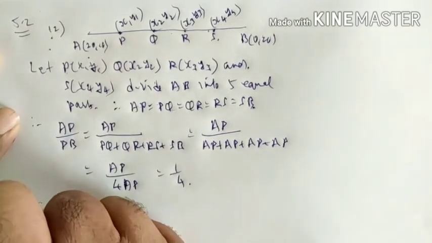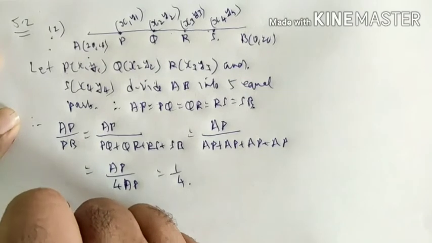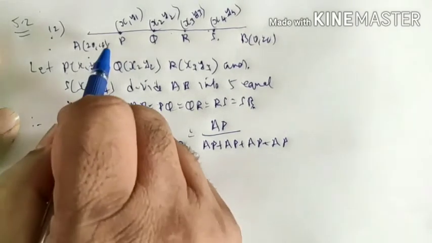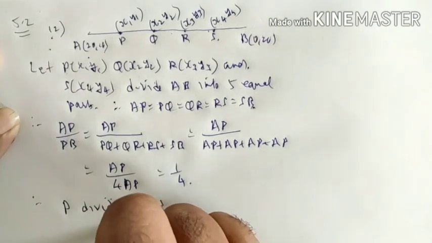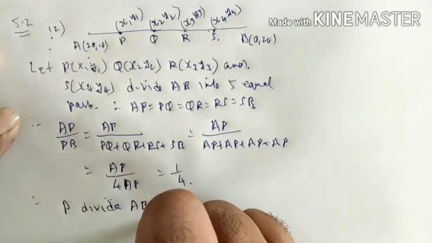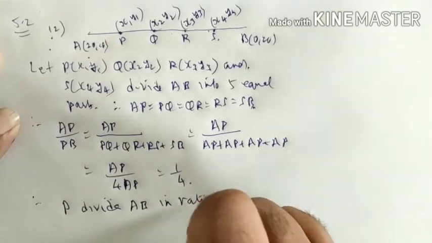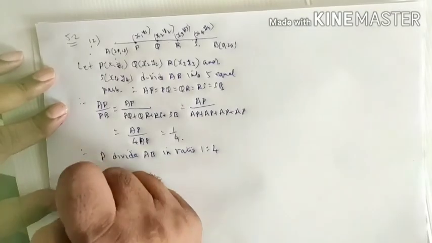Therefore, P divides AB in ratio 1:4. हाँ, section formula.